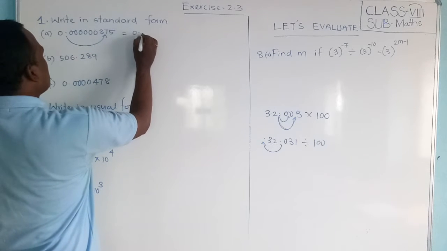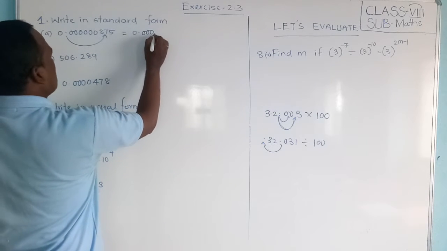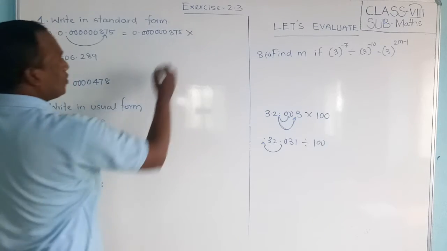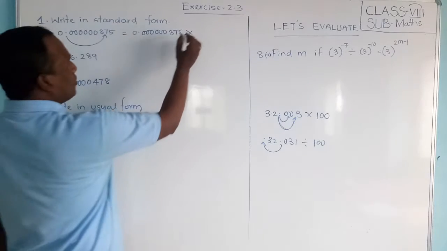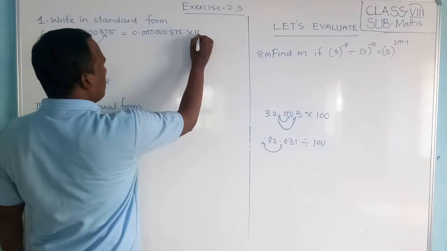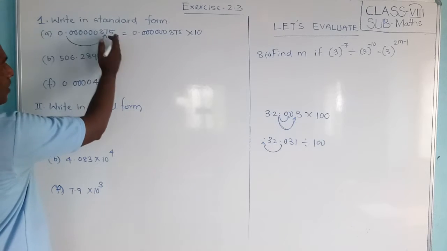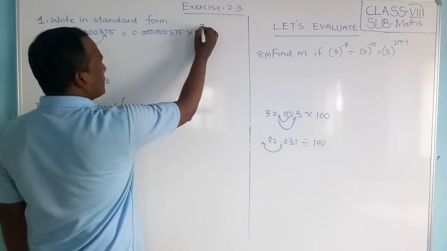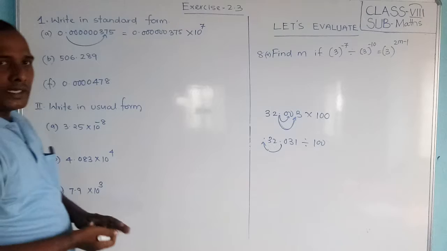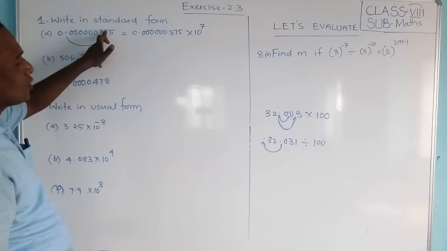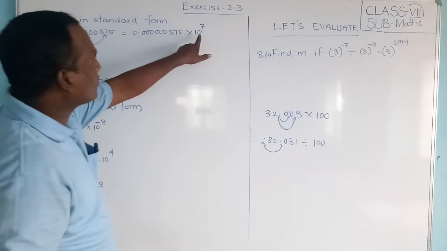So what you have to do, friends: 0.000375 into, how much? 10 power, how many places do we have to move to the right? That many: 10 power 7. The decimal should move 7 places to the right side, so that's why I have multiplied by 10 power 7.